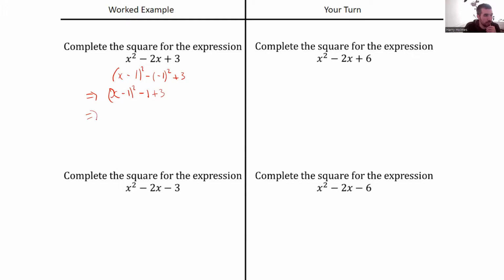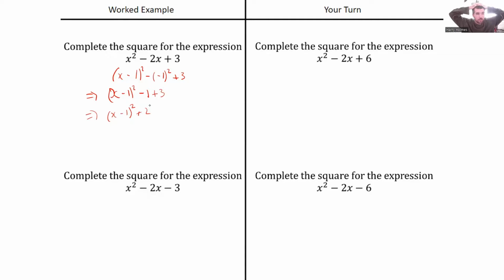And then the last line, I don't know why I'm ascribing genders to these numbers, but there you go. x take 1 squared. And then minus 1 add 3 is 2. And that's now simplified. Done. Voila. So you might want to pause and watch that again, especially with all the distracting things that happen in the middle of it.